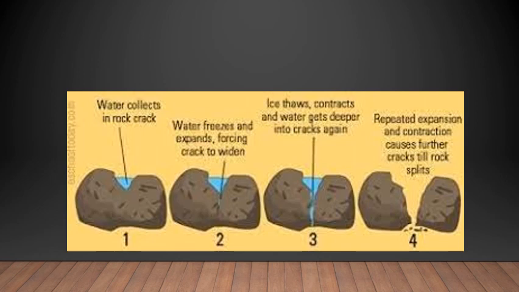That is the second step. Now when it breaks, the ice thaws, the water contracts and gets deeper into the crack again. Because the rock breaks down, the water gets deeper and deeper inside, and repeated expansion and contraction causes further cracks till the rock splits. This is how the rock breaks down.